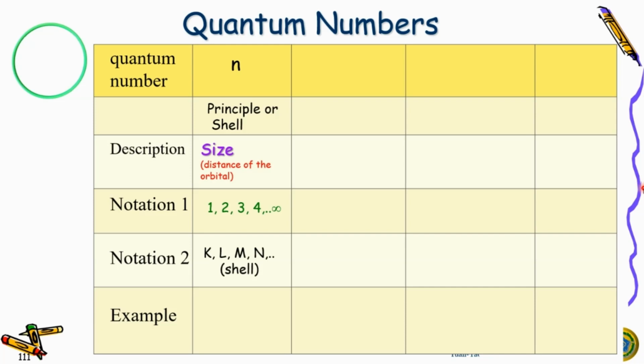But now we used to use K shell, L shell, M shell, N shell. As you know, the larger the N, the bigger the size. So N is bigger than M, bigger than L, bigger than the K shell.